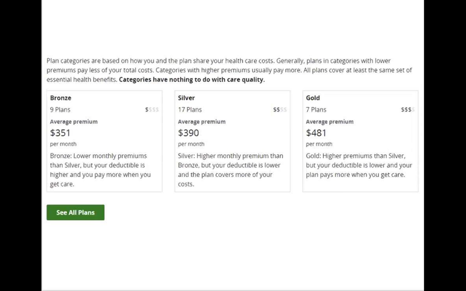But based on the plan that you select, that's also going to determine what your deductible is, as well as what your copay, co-insurance, all of those other out-of-pocket costs that you have to pay. And so I think a lot of times people think, oh, I'm going to go with the cheaper option, not realizing that, yeah, the premium may be cheaper, but you have this high deductible.